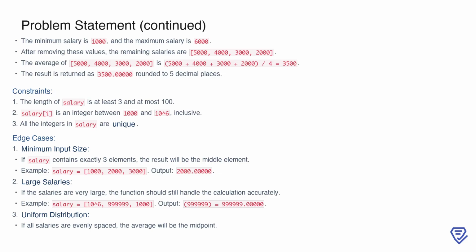To calculate the average, we add these values together: 5,000 plus 4,000 plus 3,000 plus 2,000 equals 14,000. Then, we divide by the number of elements, which is 4. This gives us 14,000/4 equals 3,500.0. After rounding to 5 decimal places, the result is 3,500.00000. This example highlights how the solution works with larger lists.